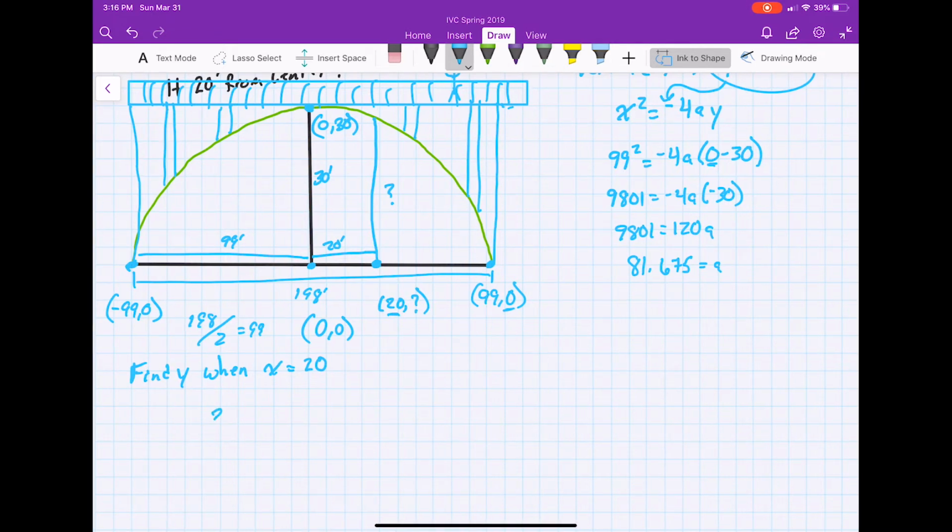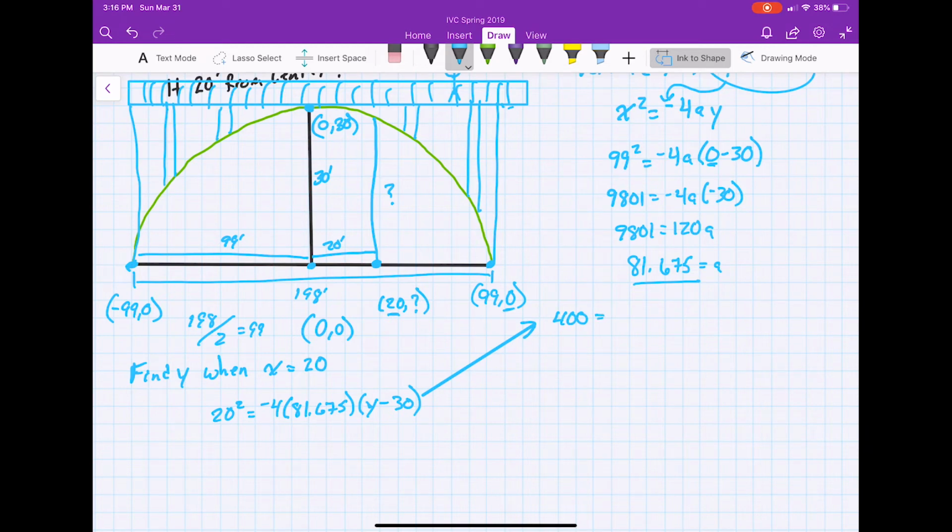So it's going to be 20 squared is equal to negative 4 times our 81.675, because now we know what the a value is. And that is going to be equal to y minus 30, because we're going to know the altitude from the bottom here. So negative 4 times the 81, all of that shenanigans. And 20 squared, of course, is 400.